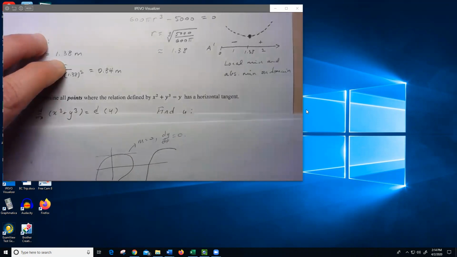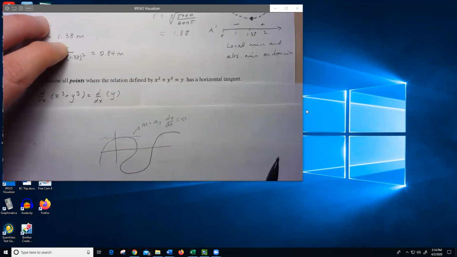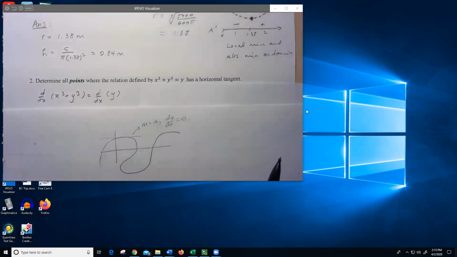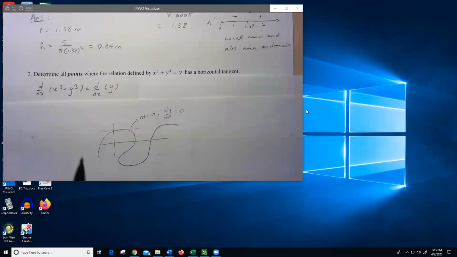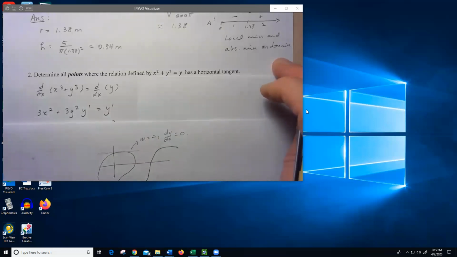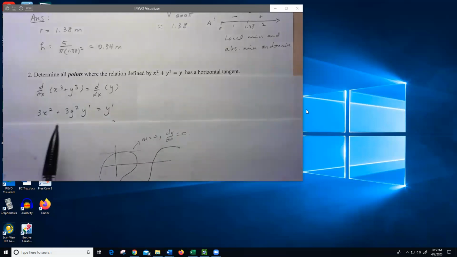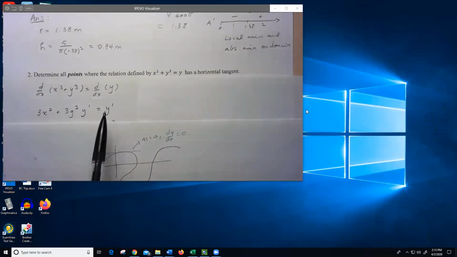Okay. So here I think I have it in 2 columns. I just take the derivative with respect to x of both sides, and I apply my derivative rules. You'll notice that when I want to show a derivative of a whole big expression, I'll use Leibniz notation, but then I switch to prime notation because it means a little less writing.